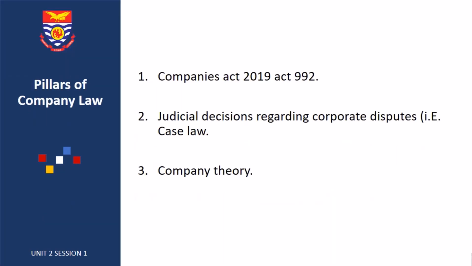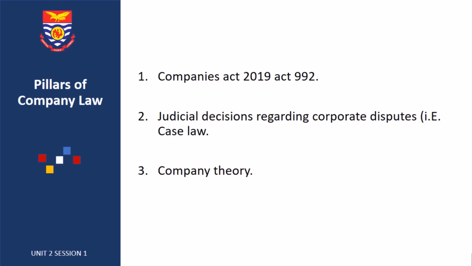Now, let's look at the pillars of company law. The first pillar you consider is the Companies Act, which is the Companies Act 2019, Act 992. This act is the primary source of law that any issue about companies will be used to deal with that particular issue in question.